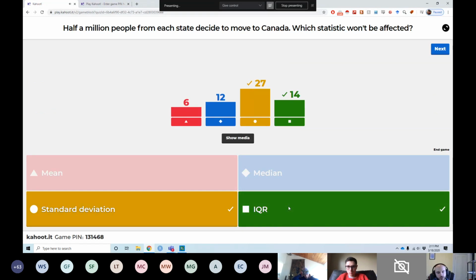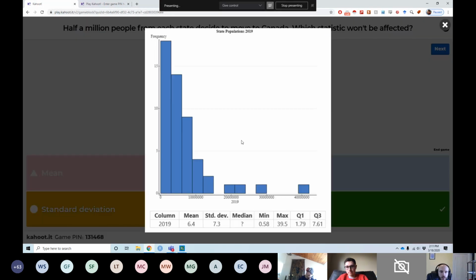You can either put the standard deviation or the IQR. This is kind of what we call a shifting. We're just going to take this entire histogram and move every state in this histogram to the left, since we're subtracting, by about 500,000. So all of these 5-number summaries down here, the median would shift down by 500,000, the min and the max would shift down by 500,000, Q1 and Q3 would shift down by 500,000, and the mean would also go down by 500,000, since we're subtracting half a million from every state in these bars. But what's not going to change is how spread out these bars are.